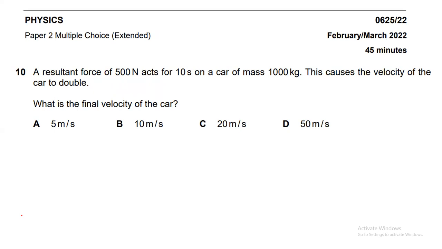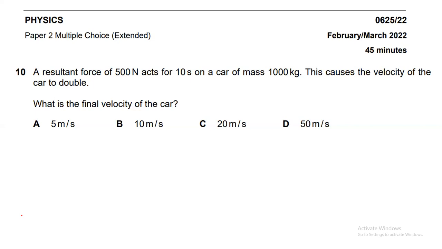A resultant force of 500 Newton acts for 10 seconds on a car of mass 1000 kg. This causes the velocity of the car to double. What is the final velocity of the car? Okay, so we know the mass of the car, we know the resultant force, and we know for how much time the resultant force acts on the car.